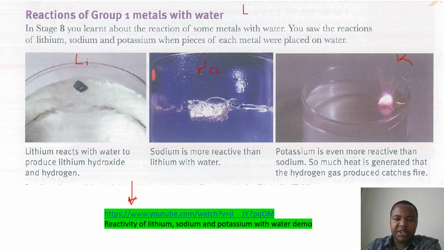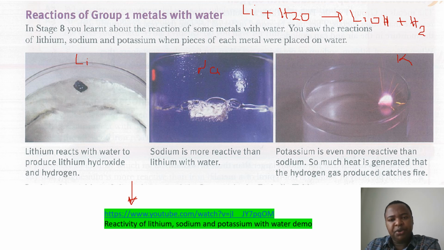So if it's lithium, lithium reacts with water, and we get lithium hydroxide plus hydrogen gas. Please follow my instructions from the previous slide in terms of including the state symbols and balancing. I'm just not going to do this because the space here is very small.